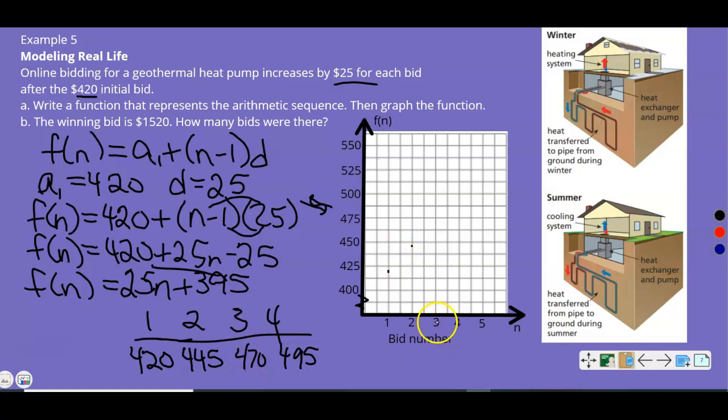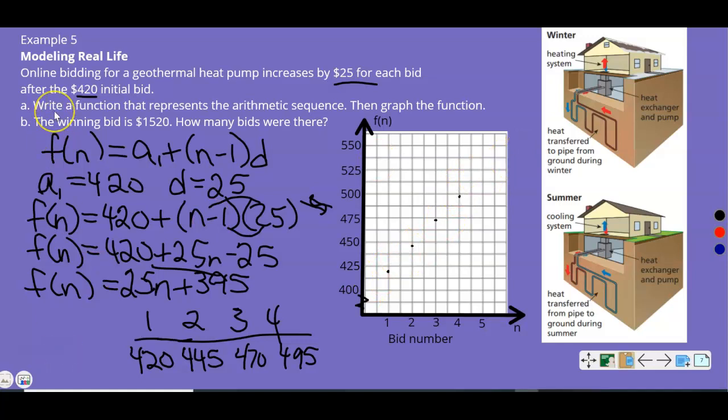Then 3 and 470, and then 4 and 495. That would be the graph that represents those 4 points. Now, if you wanted to go on and do 5, 6, 7, 8, you could extend this beyond here.